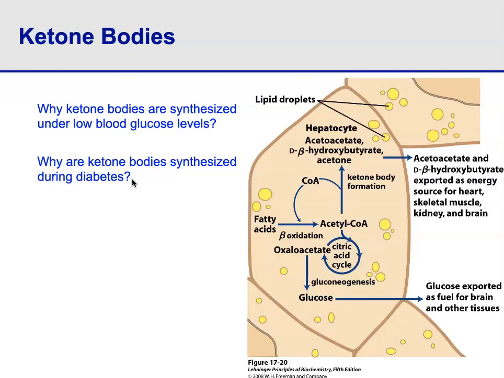There's tons of it, but they cannot use it because the glucose cannot enter the cell to be degraded and be used for energy. So for that reason, the liver now is starting to pull away oxaloacetate to generate glucose.